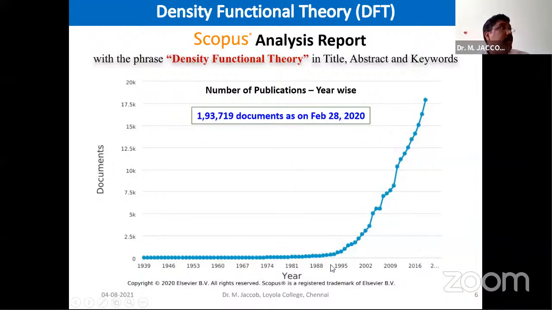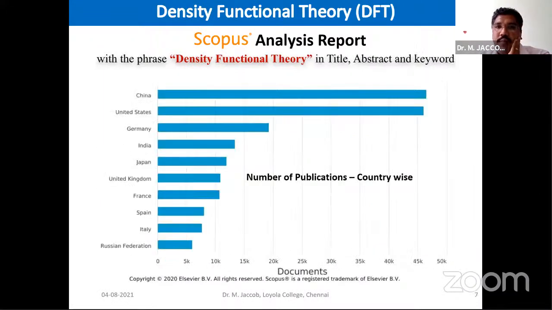After Kohn and Pople got the Nobel Prize in the field of DFT, there has been huge popularity in publishing papers with DFT. Last year, I took the Scopus analysis report: nearly 1,93,719 documents have been published using DFT.